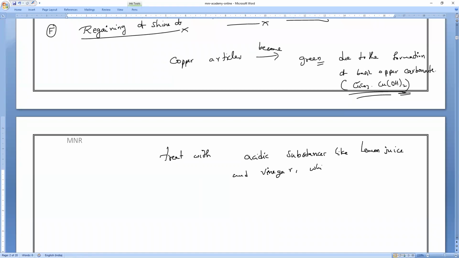Which will neutralize the what? Neutralize the basic copper carbonate. Understand, all of you? It will neutralize the basic copper carbonate and clean the surface. That is what you have to remember. Clear, everybody? So this is the importance of pH in your everyday life. You have to remember all these things.